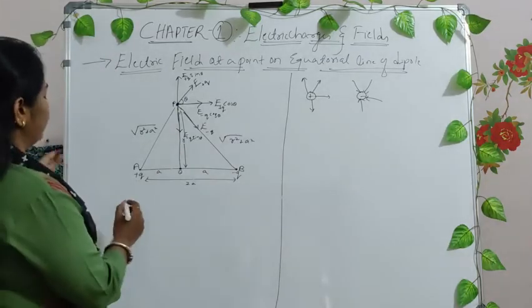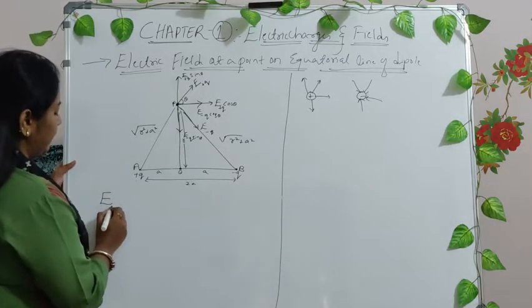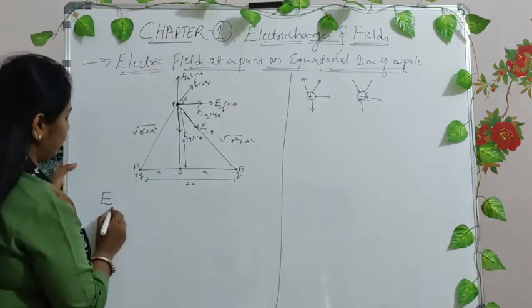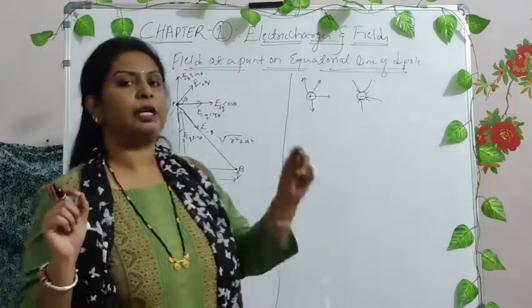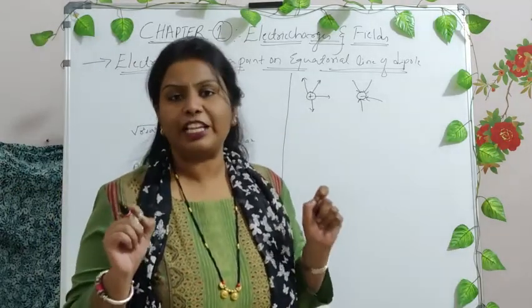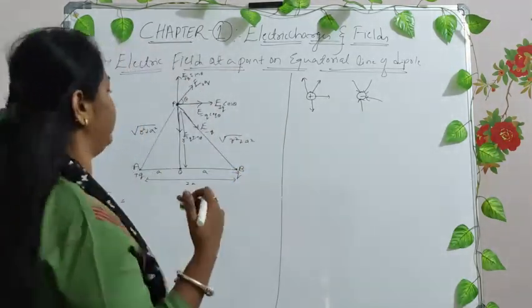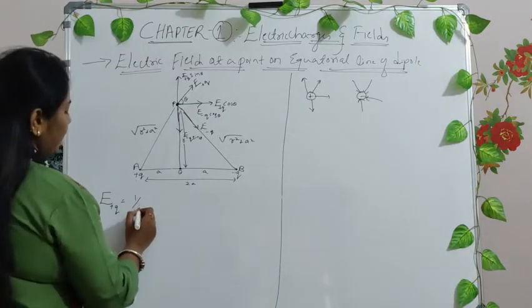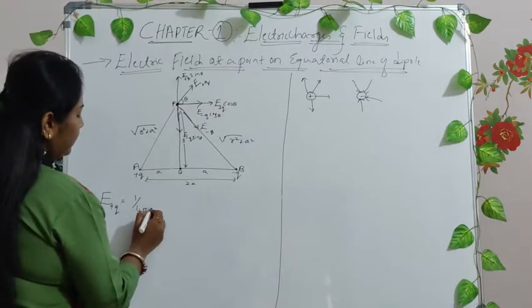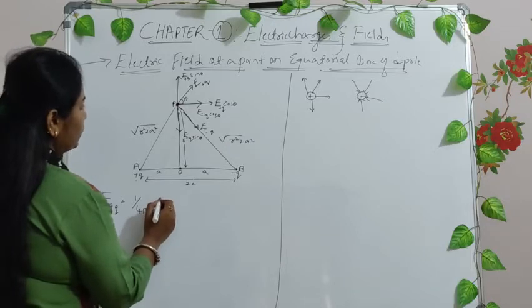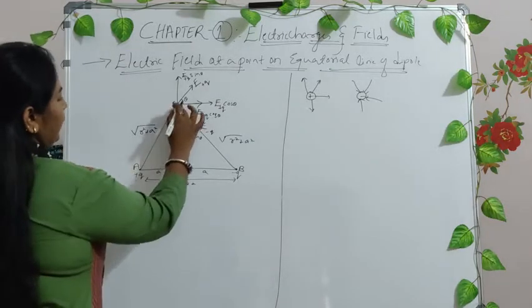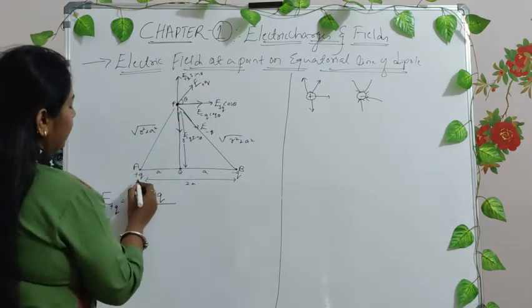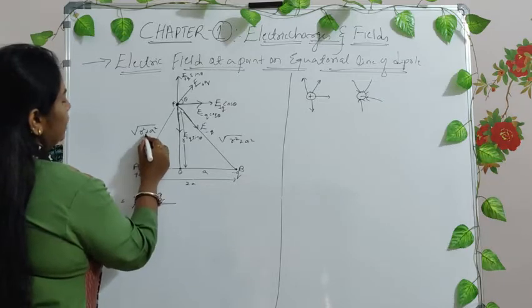Now what you do is find the electric field at point P due to positive Q. You know the electric field intensity at some point due to any point charge, which we derived previously. What was it? It was 1 divided by 4 pi epsilon naught, times positive Q, divided by the square of the distance, which is root of r square plus a square.